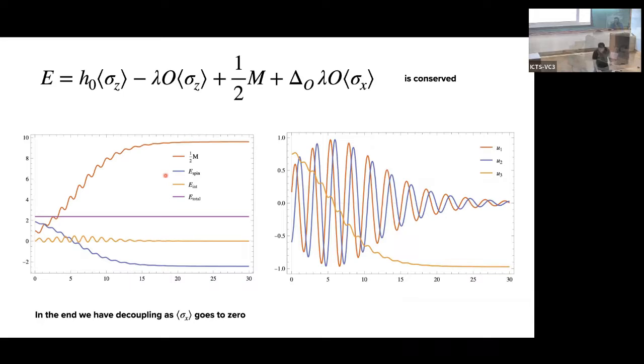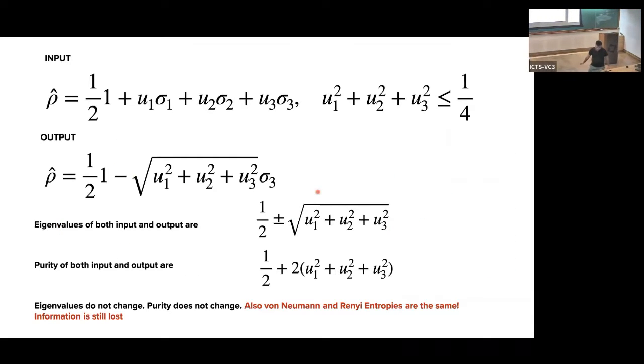So we have this ring down, and now let us think of it as a quantum channel, like an input qubit and output. The input is this density matrix with this bound built into it, because the eigenvalues will be probabilities, and the output qubit is this. So you see it's a nonlinear quantum channel because it depends nonlinearly on the inputs, but the interesting thing is that the purity remains the same.